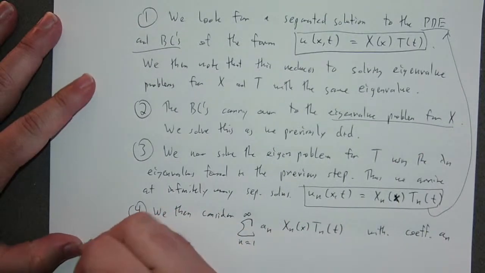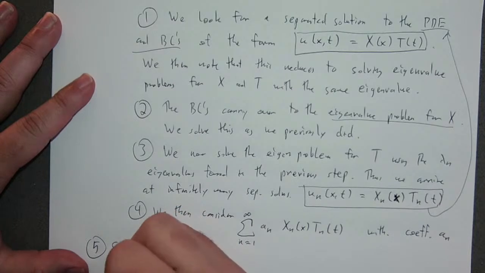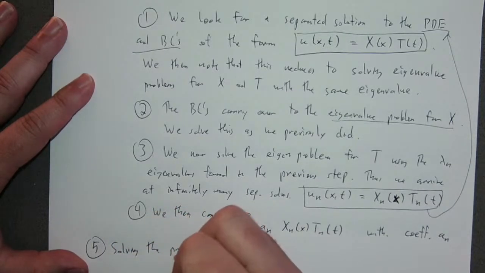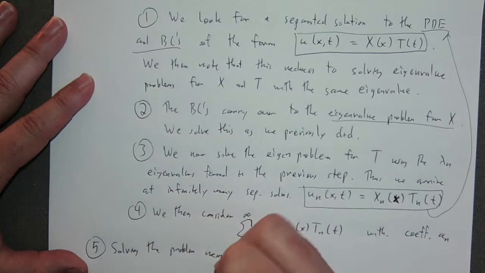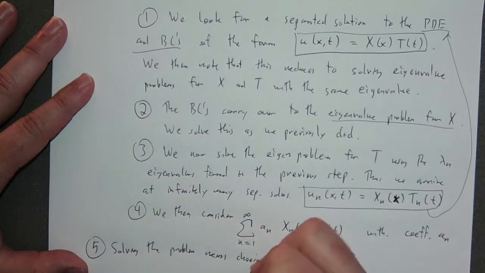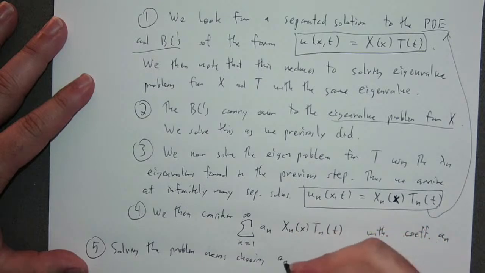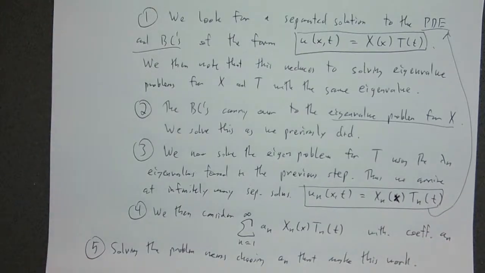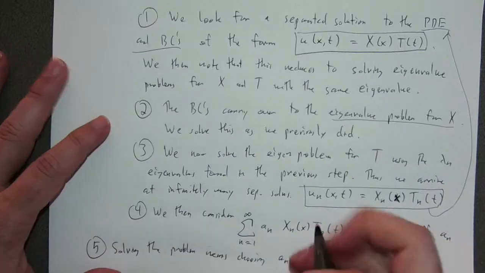And 5, solving the problem means choosing a sub n that force this to work. What a sub n do we choose?